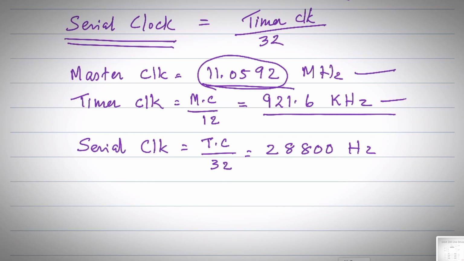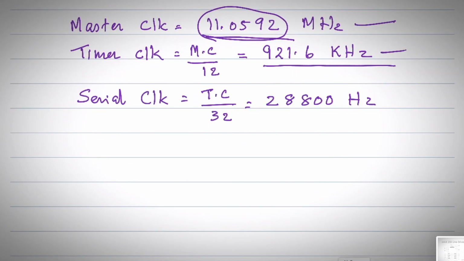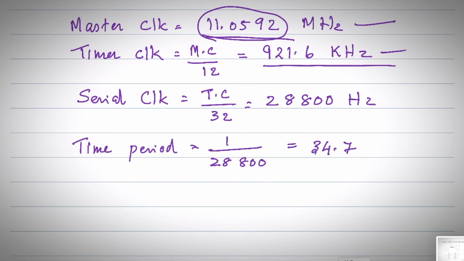So 28,800 hertz is the frequency at which the serial clock is running. What is the time period? The time period is 1 divided by 28,800, which is 34.7 microseconds for one serial clock period.